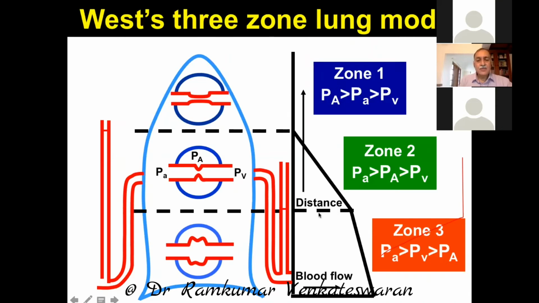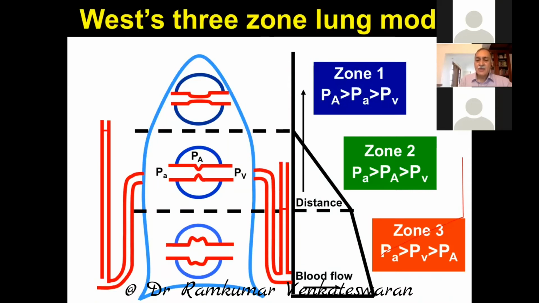And therefore, as you move from the second dotted line downwards, because the hydrostatic pressure increases from this point towards the bottom of the lung, the hydrostatic pressure will increase, right? Because we are going down to the bottom of the lung. It's like a pipe. At the bottom of the pipe, the pressure increases, but it increases to a proportionate extent in the arterial as well as the venous blood.